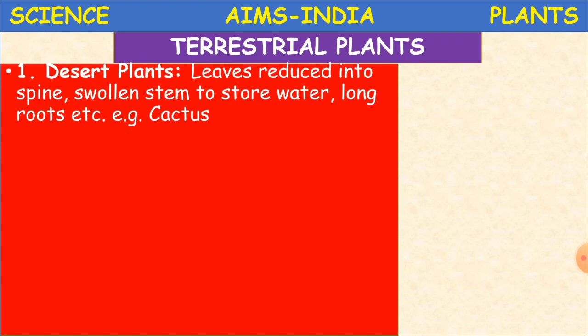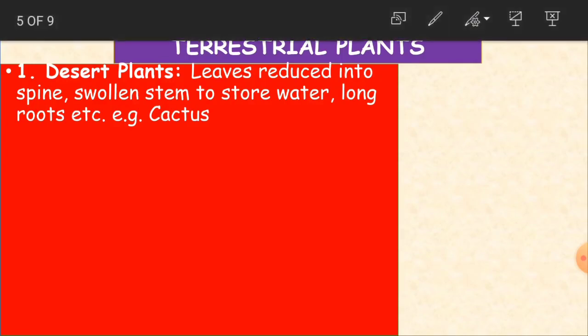Desert plant leaves are reduced into spines, with a swollen stem to store water, long roots, etc. These are the features of desert plants. The leaves are reduced into spines, in the sense that they do not have leaves, their leaves are in the form of spines, like sharp-ended, thin thorns.